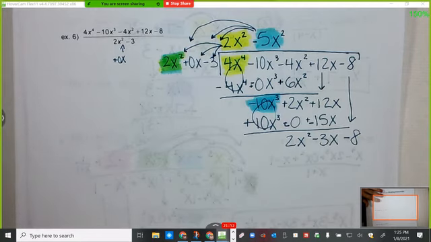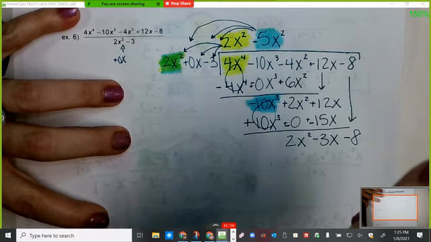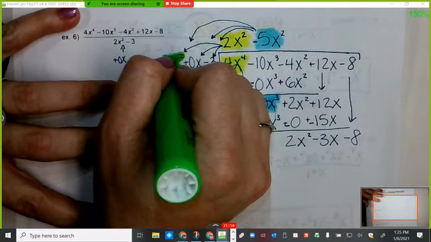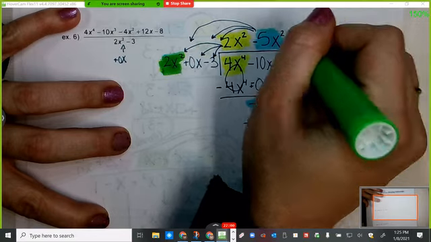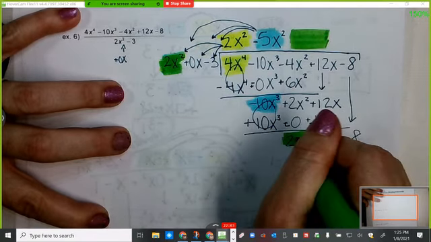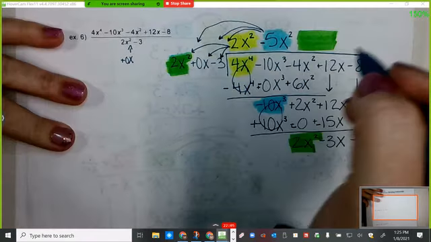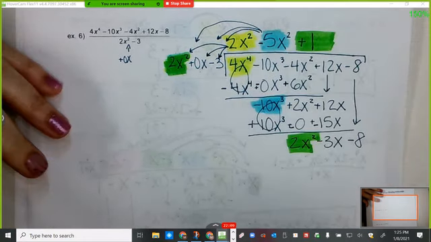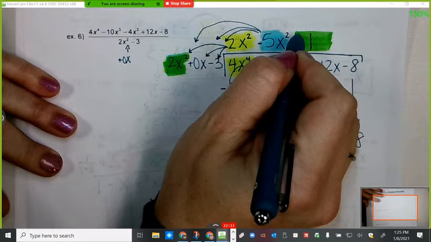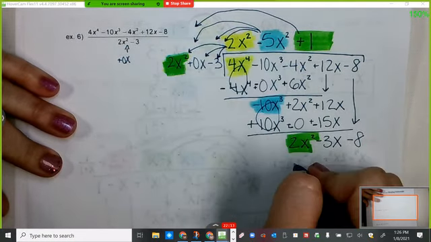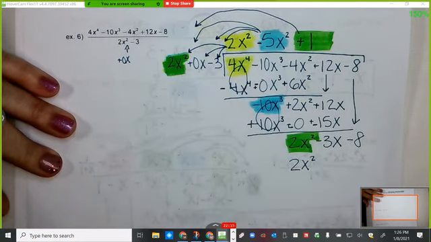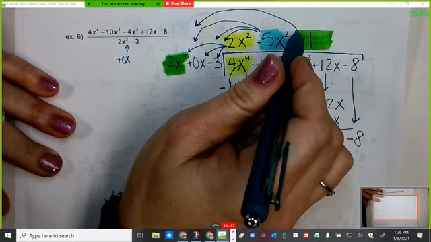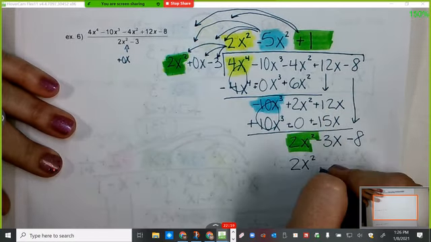Ah, dang it. Just dropped my top. Okay, so I have 2x squared times what equals 2x squared? Yeah. What am I forgetting? A positive one. So then 1 times 2x squared is 2x squared. 1 times 0 is 0.